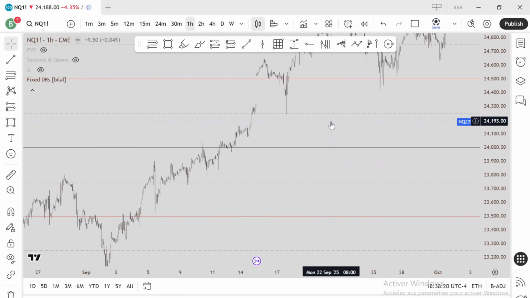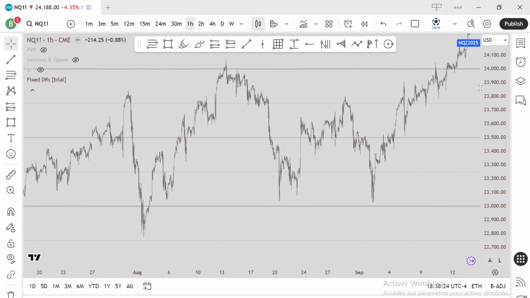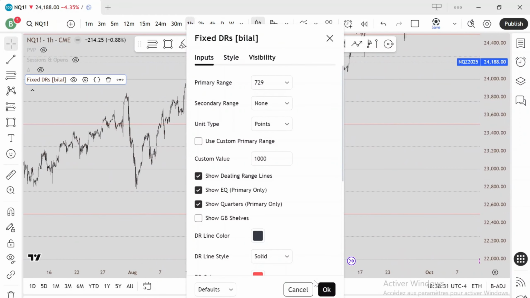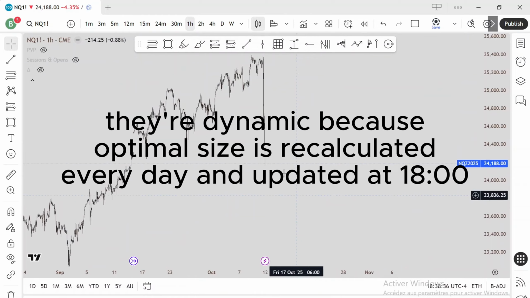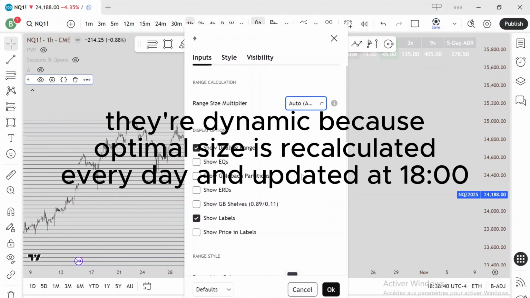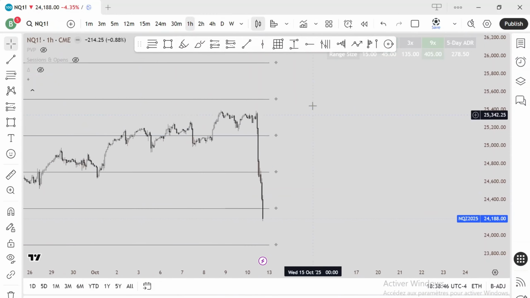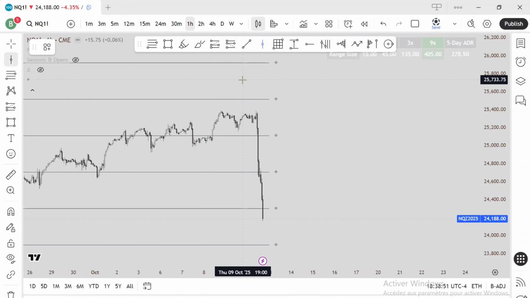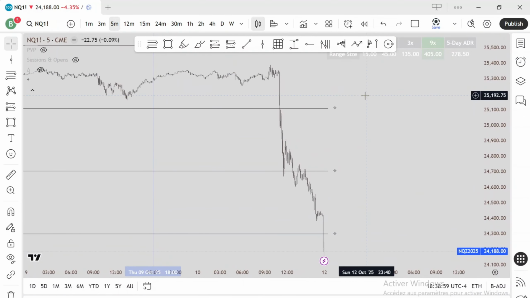You don't have to use the power of 3 ranges, you can just use, you know, big numbers like every 1000. But yes, and for my dynamic ranges indicator, it's this one. So here, I would just recommend you use the automatic level if you want to catch the expansion of the day. It's not always the best, so for example, yesterday on Friday, I think it was a Black Swan event, so pretty rare.